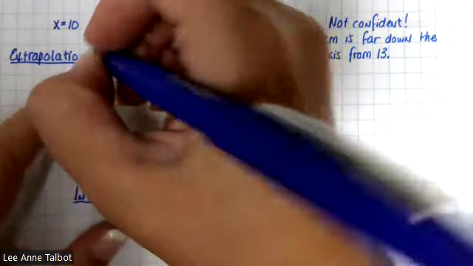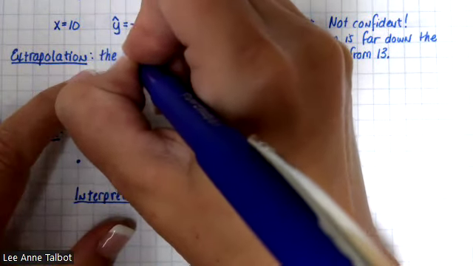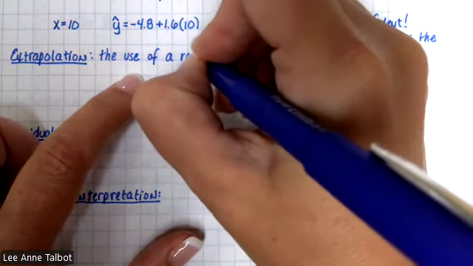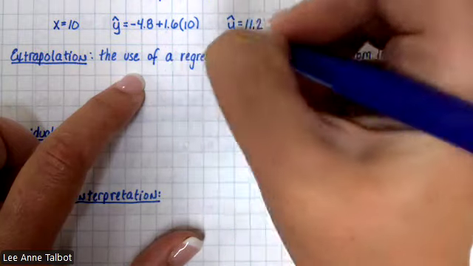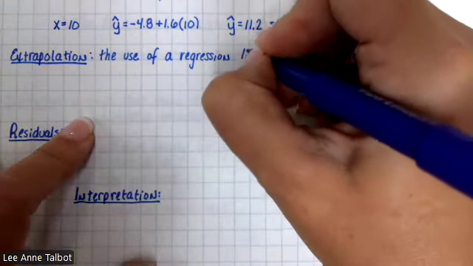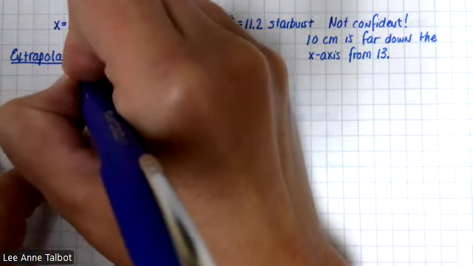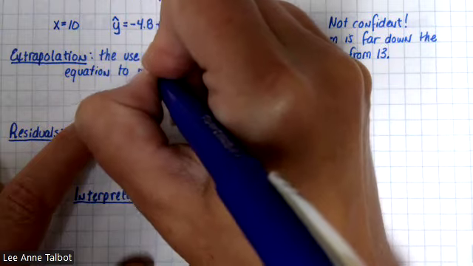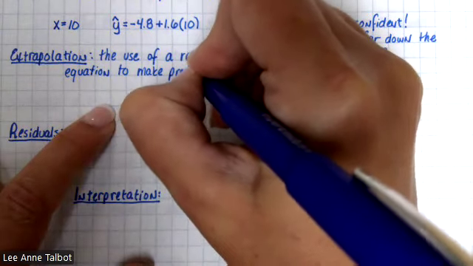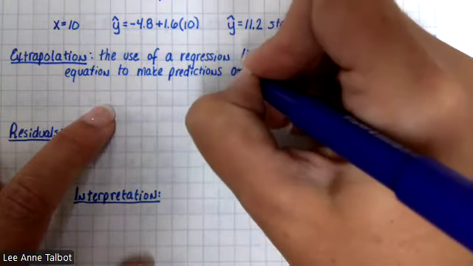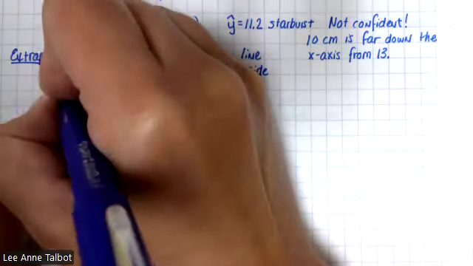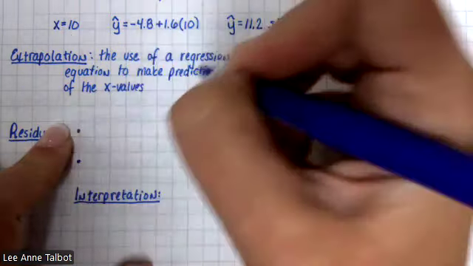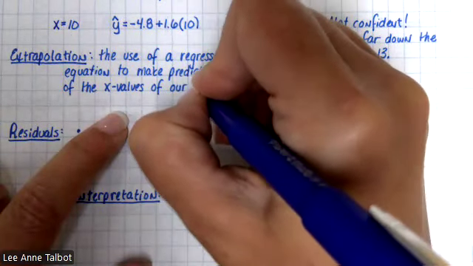Okay, so extrapolation is the use of a regression line equation to make predictions outside of the X values of our data.